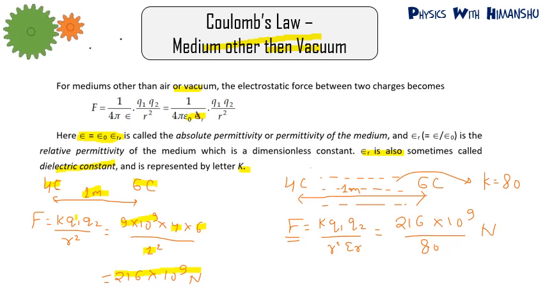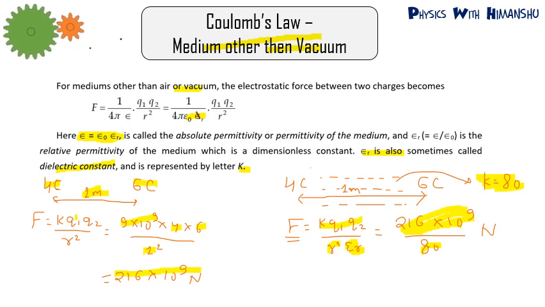Now there is no vacuum between 4 coulomb and 6 coulomb, but they are filled with water, and the dielectric constant of water is 80. So force will become K Q1 Q2 by R square, same as before, but we have to divide it by epsilon R. So the previous force was 216 into 10 raised to power 9 divided by 80.